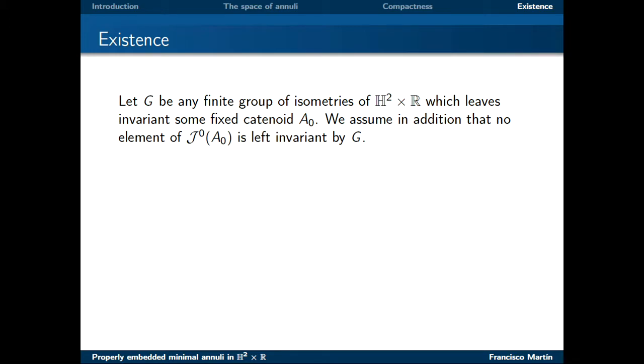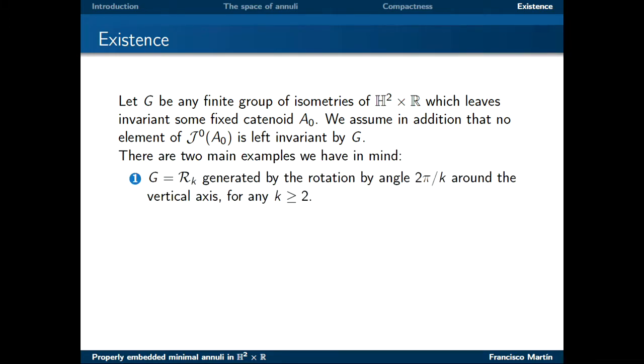Imagine that you have a finite group G of isometries in H2 cross R that leaves invariant one of the catenoids, but in addition, you assume that the space J naught of non-decaying Jacobi fields of these catenoids is not preserved. For a catenoid, as the projection is not a diffeomorphism, in particular for any catenoid, this space has dimension 2.